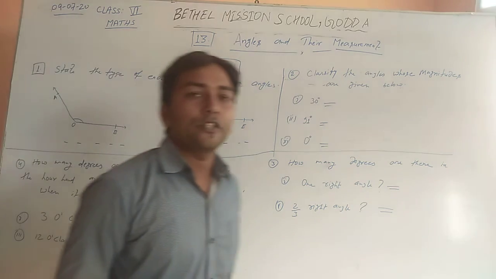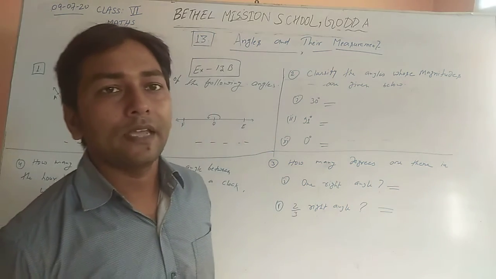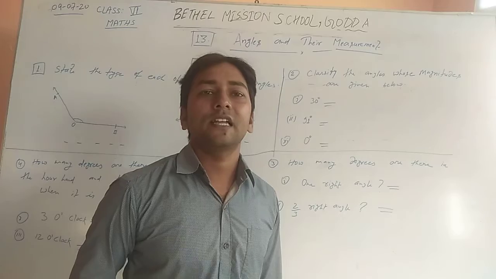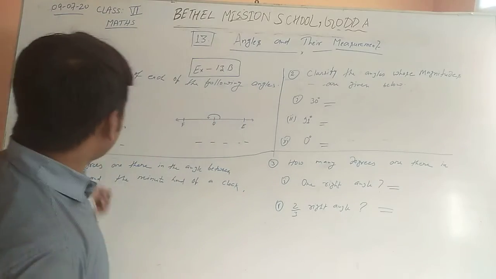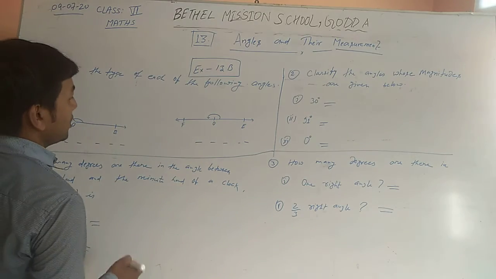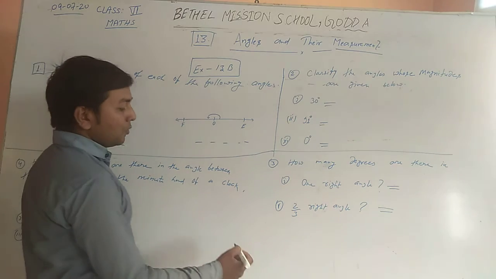In the last video I taught you the types of angle: acute angle, obtuse angle, straight angle, zero angle, whatever you have to write here.